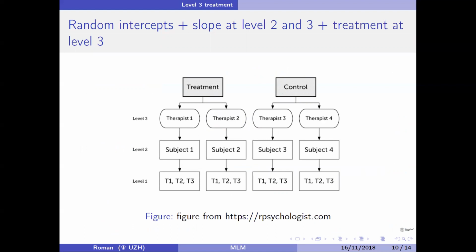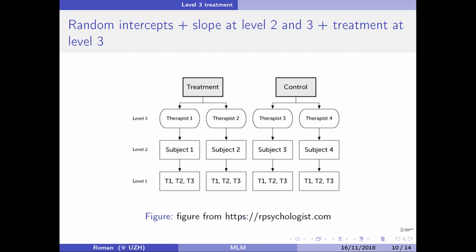But things get a little more complicated with the addition of a treatment. So let's first take a look at this situation. Here in this diagram, we see we have multiple therapists. We could have a situation where therapists are administering different therapeutic frameworks.